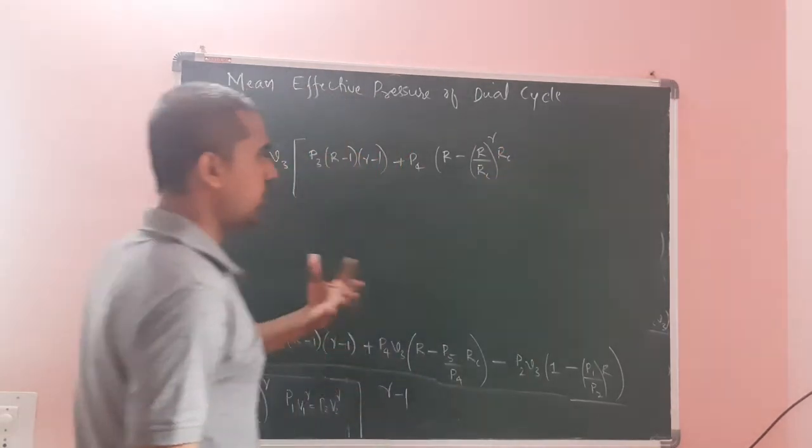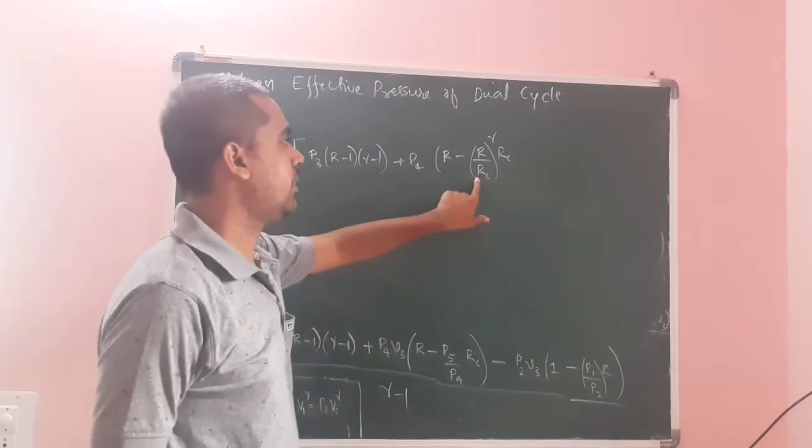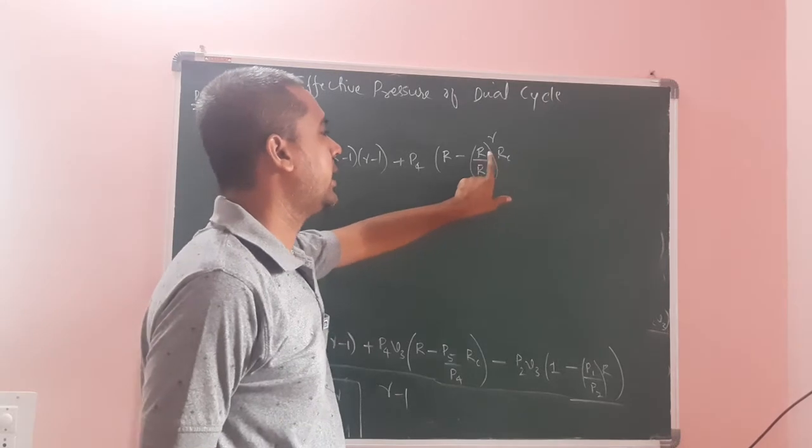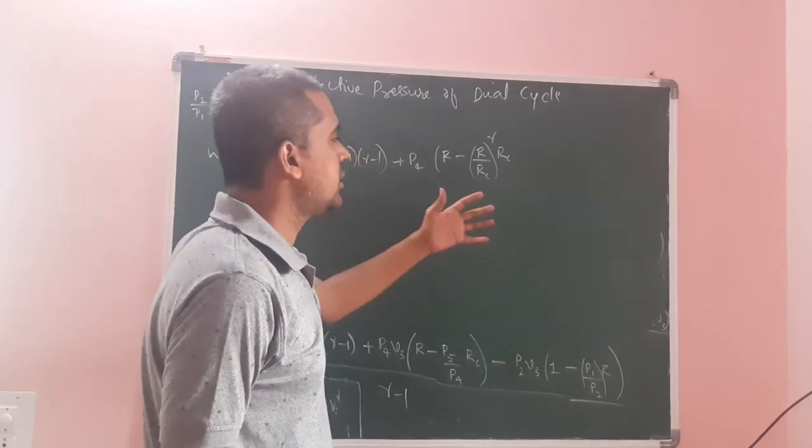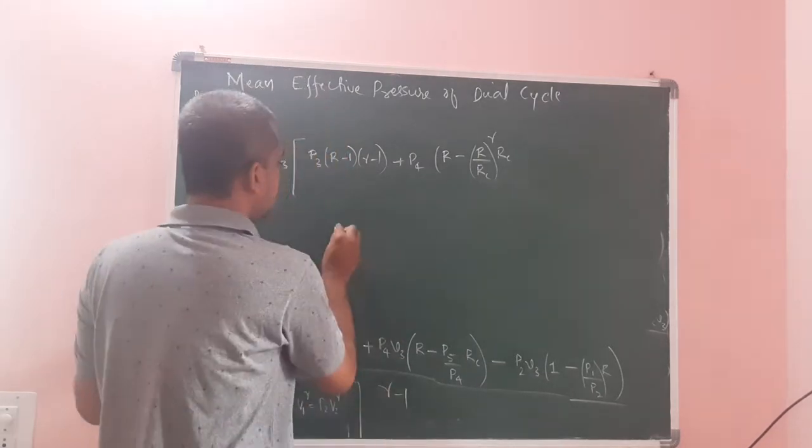Okay. What will happen to this? R divided by RC raised to gamma, we can write R raised to gamma into RC raised to 1 minus gamma. It will be like this.